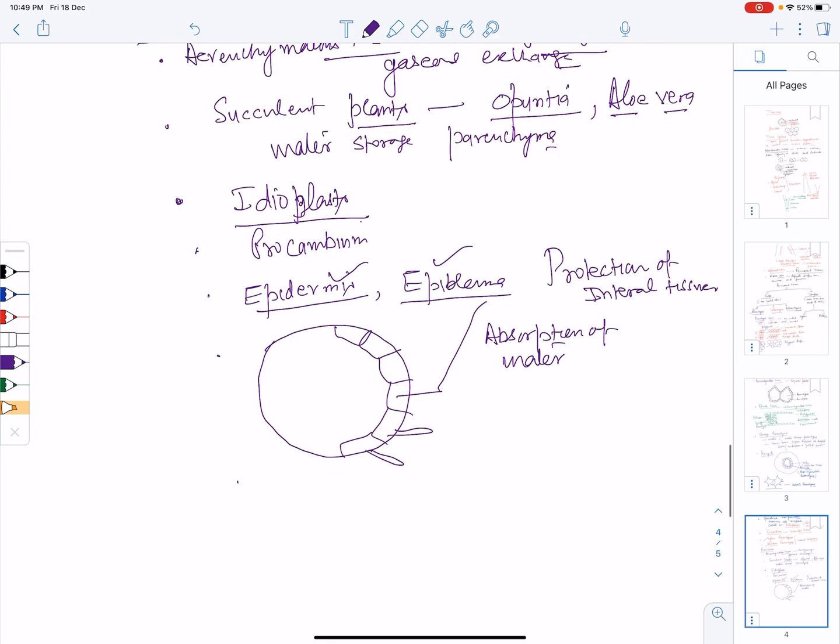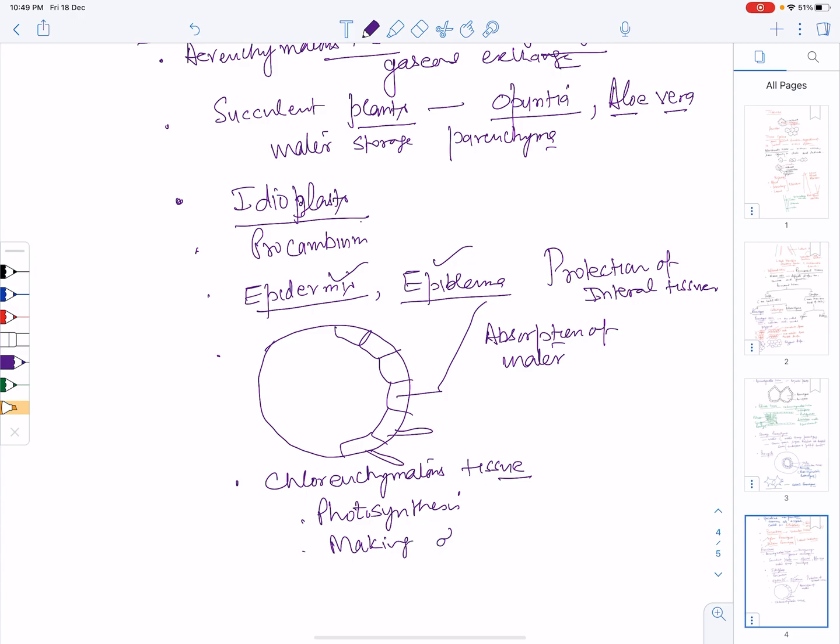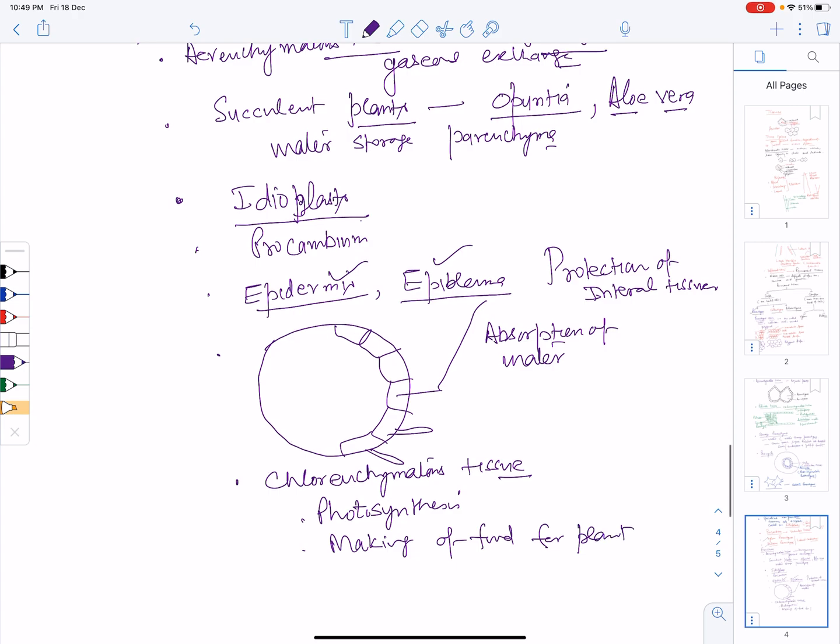Then we discussed parenchymatous tissue. Now, parenchymatous tissue, because it has chlorophyll, will help in photosynthesis, making of food for the plant, because of the chlorophyll pigment.